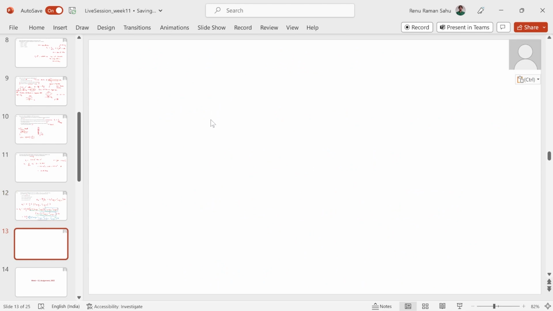This is the annihilation operator and this is the creation operator, and if you take the commutator of the two, it gives 1. This is a known relation: C C dagger minus C dagger C is equal to 1. Now you want to take the average of that. C C dagger from here will be 1 plus C dagger C.